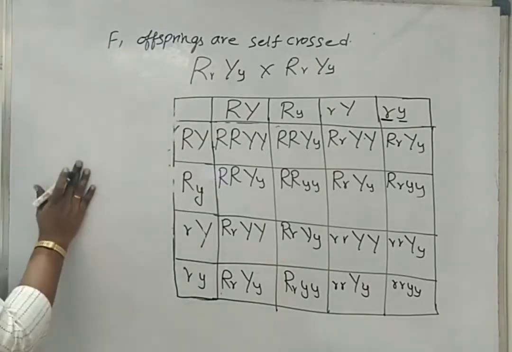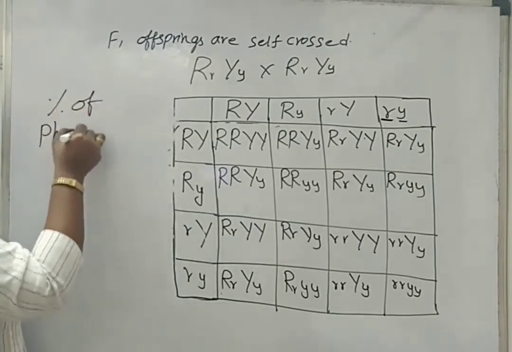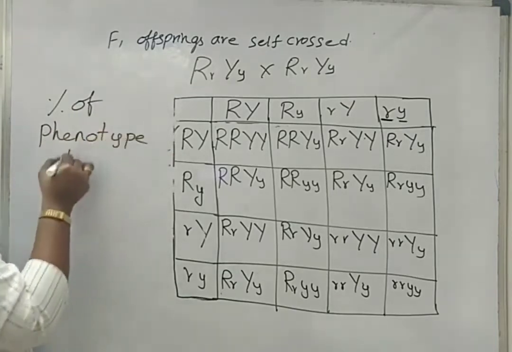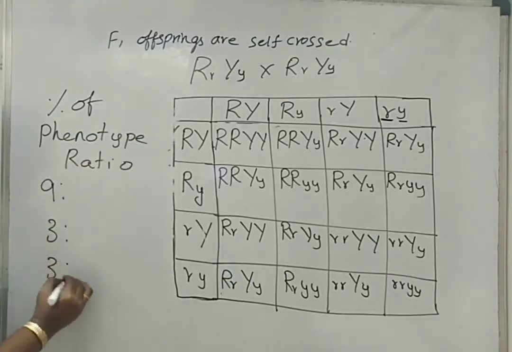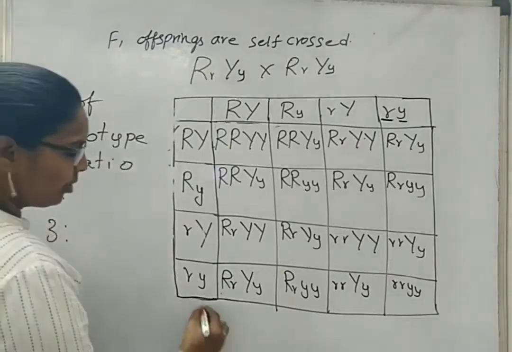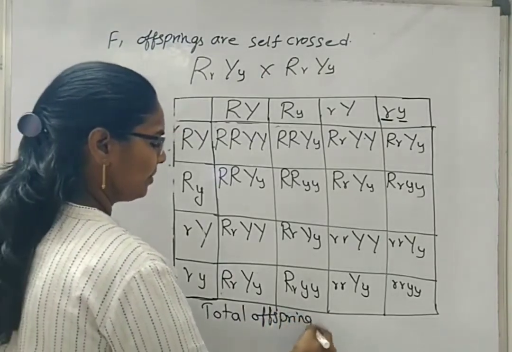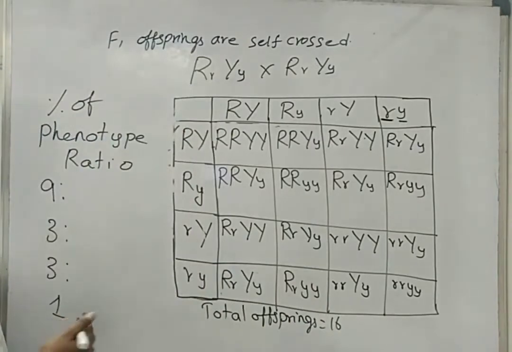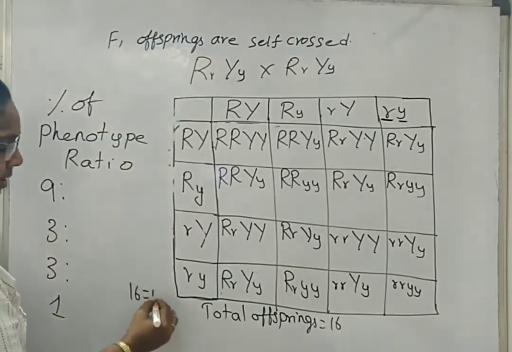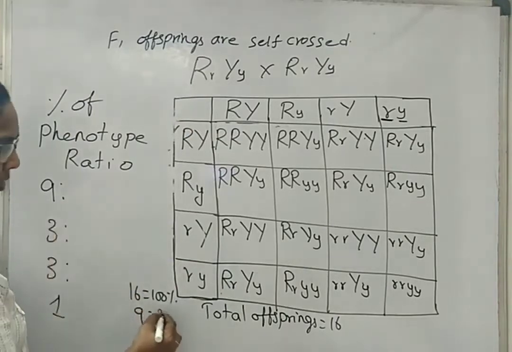So, coming to percentages of the phenotype ratio, that is 9:3:3:1. We know that total offsprings are 16. If we do a little bit of mathematical calculation here, since 16 is considered as 100%, what will be the percentage for the 9 offspring?